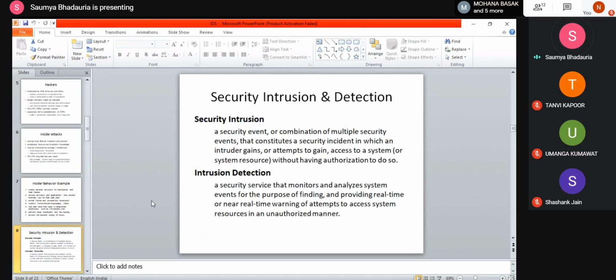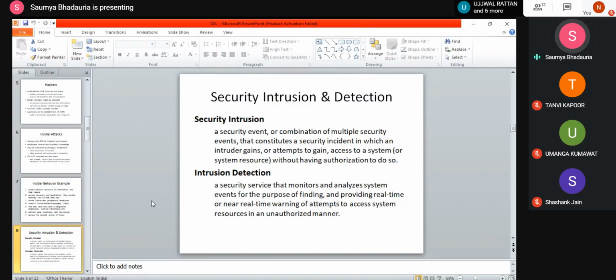It is saying that a security event, or a combination of multiple security events, constitutes a security incident in which an intruder gains or attempts to gain access to a system without having authorization to do so. So, variation or deviation in the expected behavior will be classified as an event, which may or may not be categorized as intrusion.